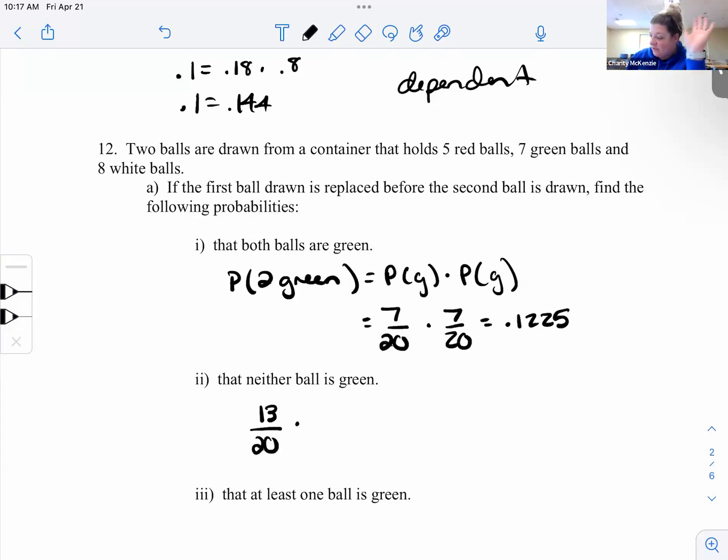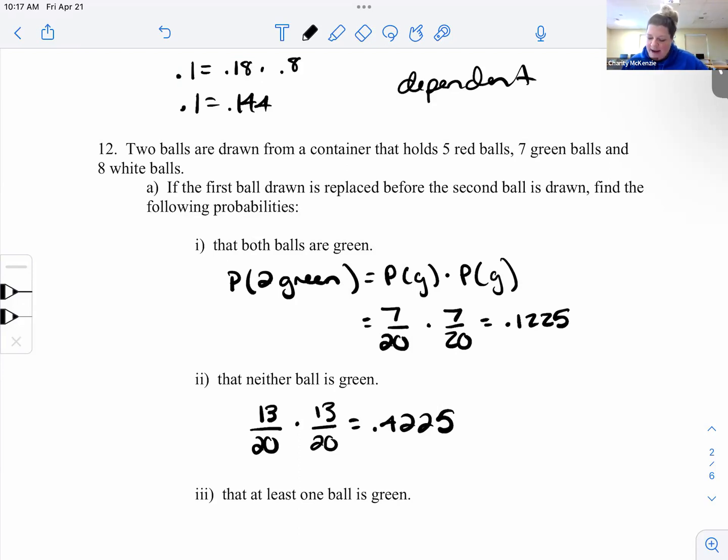And then the next one, because we're replacing them, is another 13 out of 20, because there's 13 that aren't green. So this is going to equal 13 divided by 20 times itself, which is 0.4225. So that's the probability that neither ball is green.